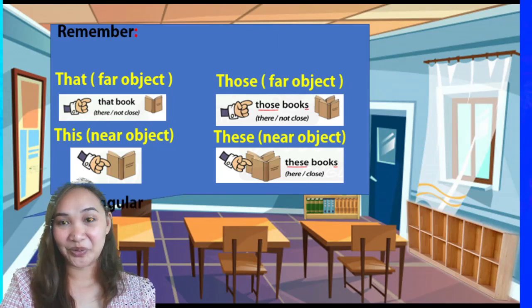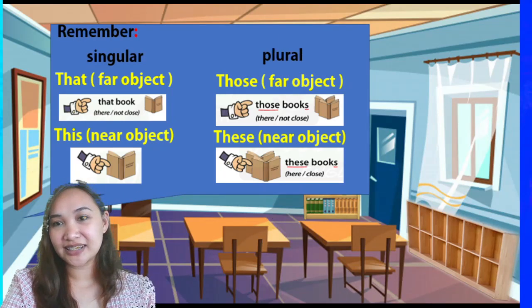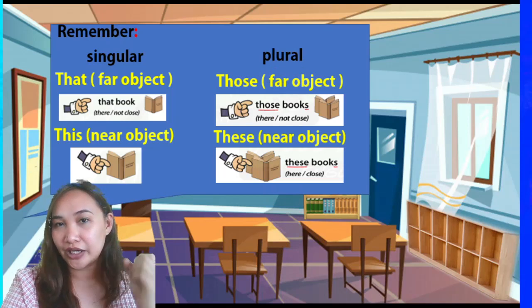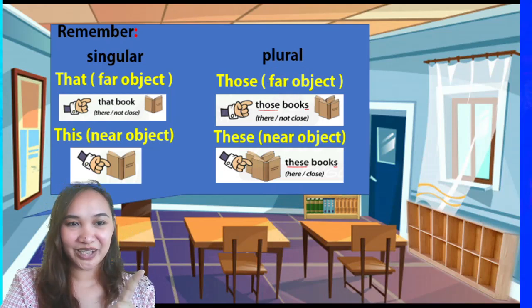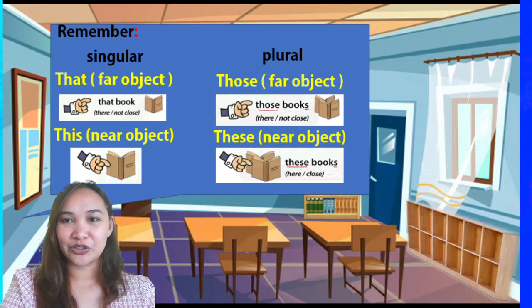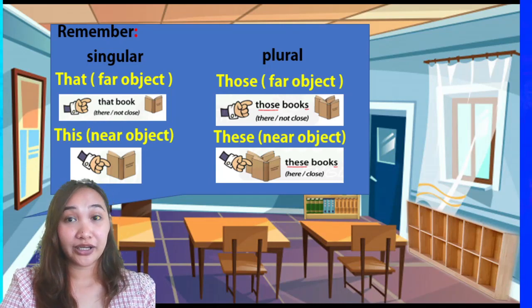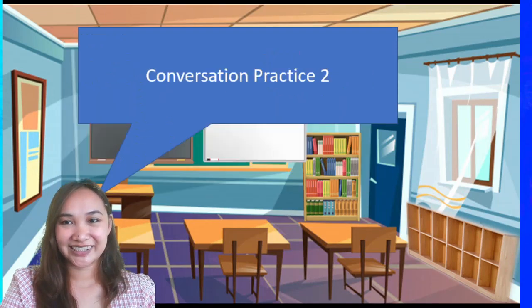Okay, remember a singular object is only one object, and plural objects are two or more. And also don't forget, if the objects are two or more, we add s, like books, chairs, tables.